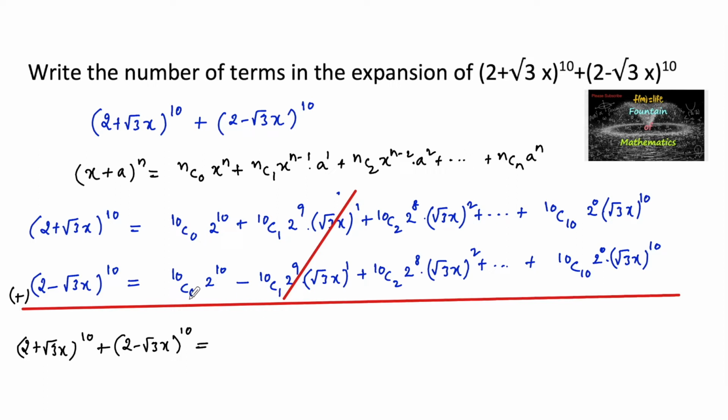So 10C0 2^10 plus 10C0 2^10, that is 2 times 10C0 2^10, plus 10C2 2^8 (√3x)^2 and again 10C2 2^8 (√3x)^2, so that is 2 times 10C2 2^8 into (√3x)^2 and so on, 2 times 10C10 (√3x)^10.